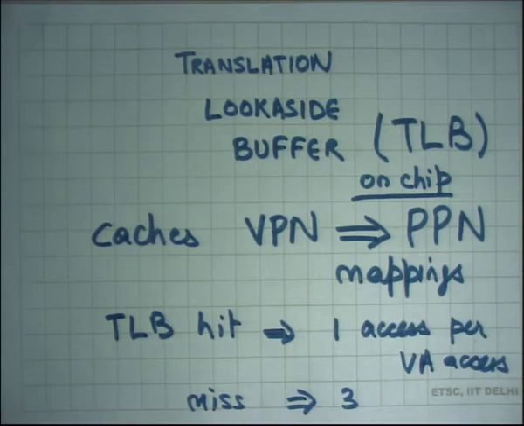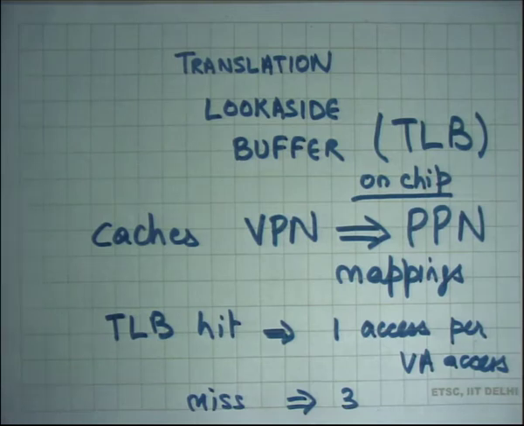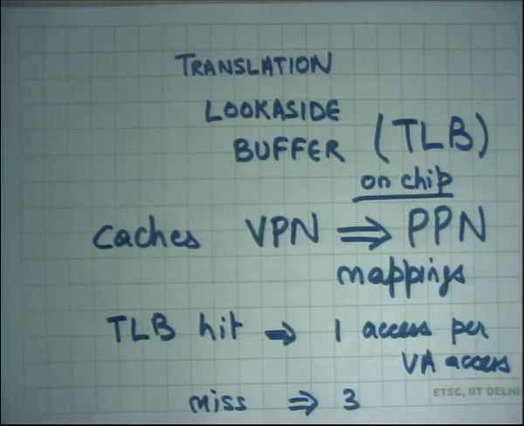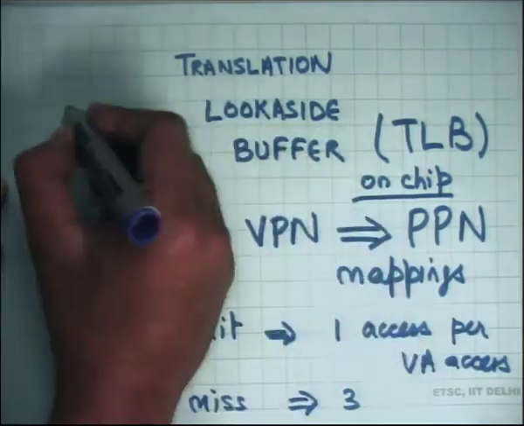Fortunately most programs have a very high locality of access, especially because we are dividing the address space at page level granularity. One VPN to PPN entry captures locality of access within an entire page. So it's possible to have a small TLB and yet have hit rates of 99.9% or above, and that's the kind of hit rate you will want in such a system. Typical TLB sizes on modern processors are roughly 4 kilobytes.